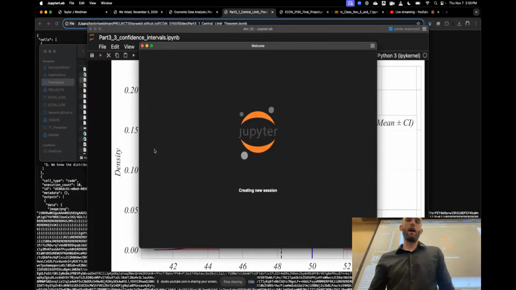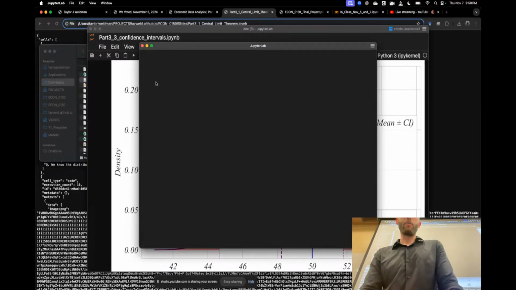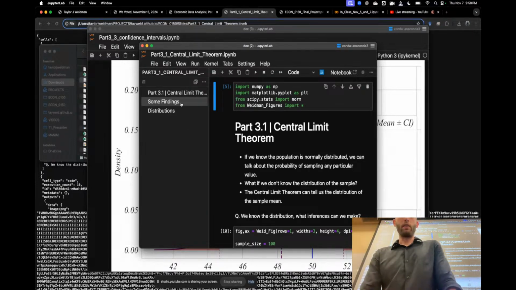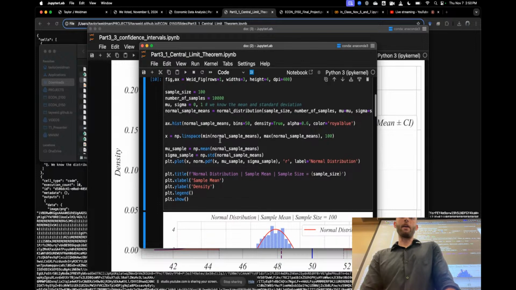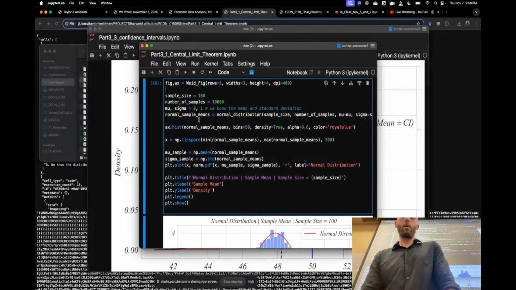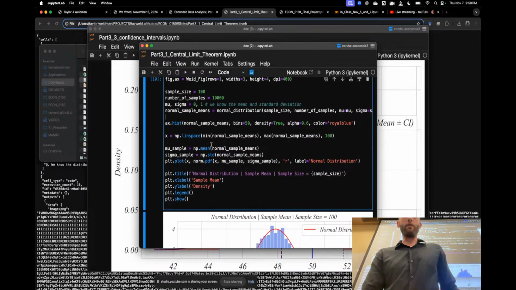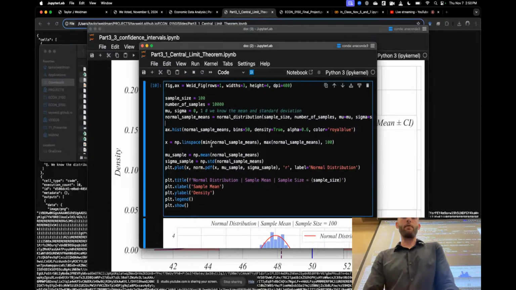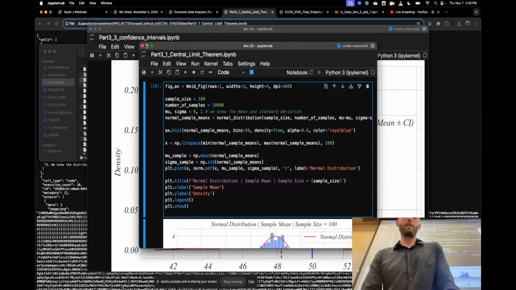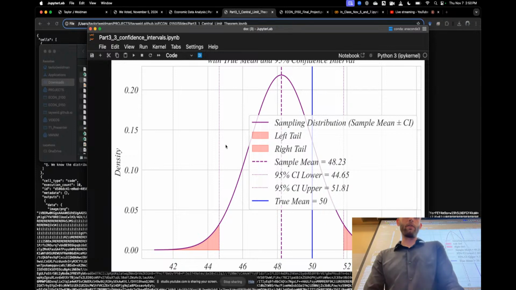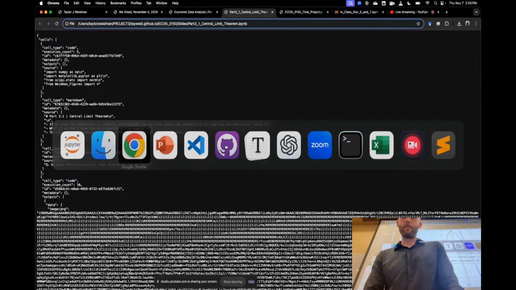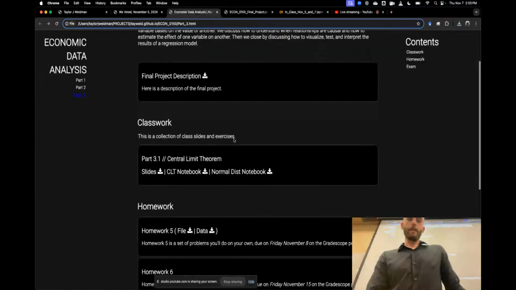I'm working on getting a better way of distributing this to you, but you can download the notebooks that I've been working with. It's a little more complicated than I require you to know in this class. But if you're curious about how I'm constructing these figures, this is a great place to go. I'm giving those to you if you would like, but I know that looks a little bit intimidating.